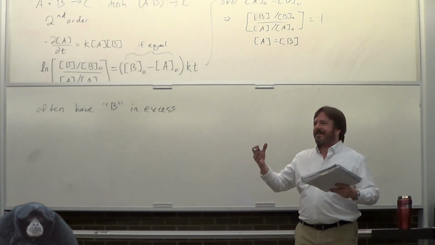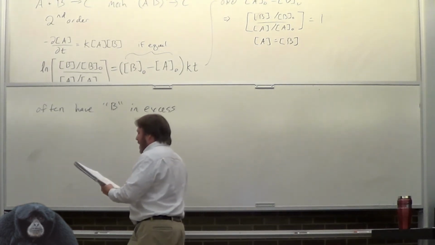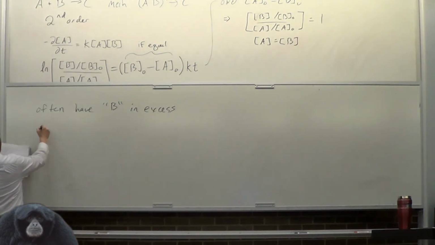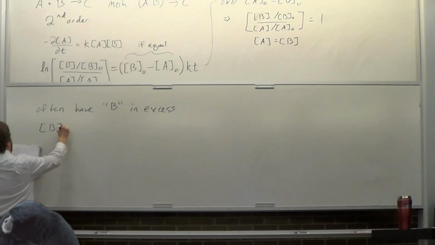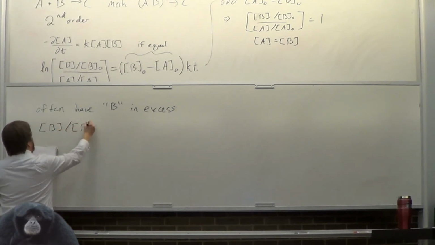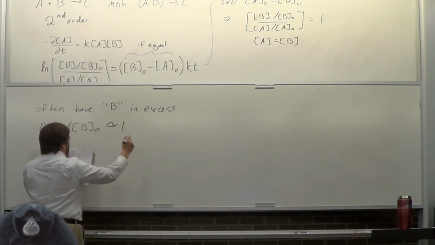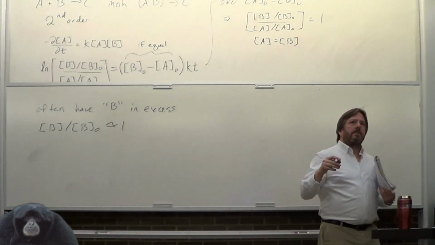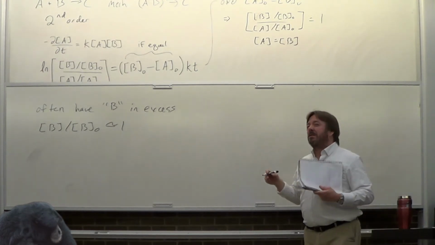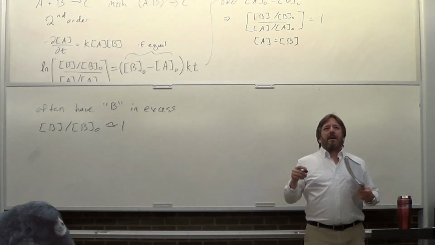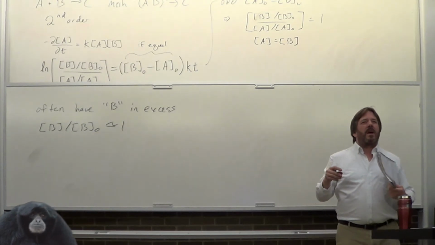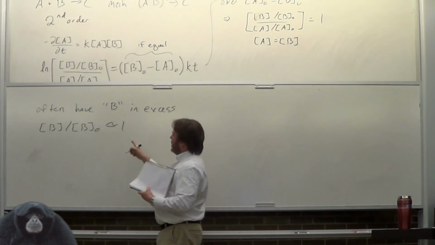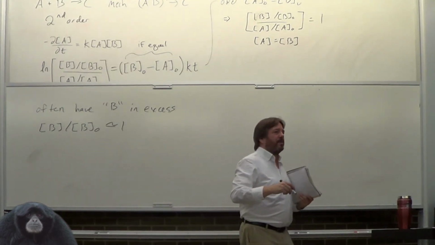Okay, now if that happens, what you can then do is say that the concentration of B over the initial concentration is basically 1. Now let me tell you, often a tenfold excess, when I'm doing dye labeling, I'm usually doing around a tenfold excess. A lot of the chemistry I do, I usually have about a twofold excess of at least one thing. That wouldn't be so very true, but when I'm doing tenfold excess, that's pretty true.